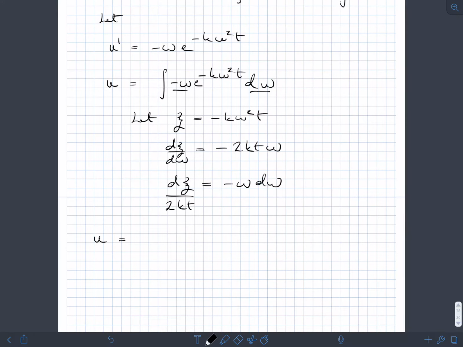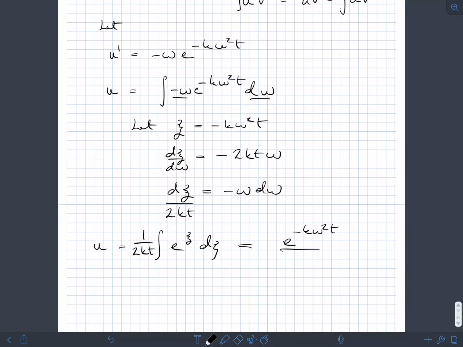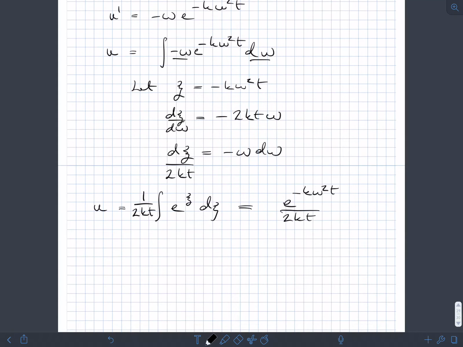So u is going to be equal to the integral of e to the psi d psi, and then, oops, I have to include all the guys out the front. Negative over 2kt, and then that of course is just equal to e to the negative k omega squared t, like that, and then all over 2kt. Cool. So that's my u.